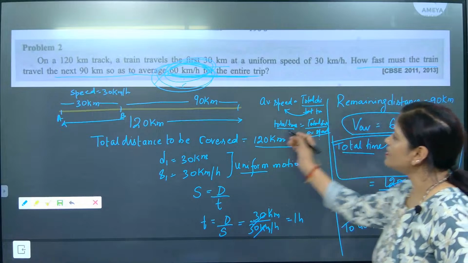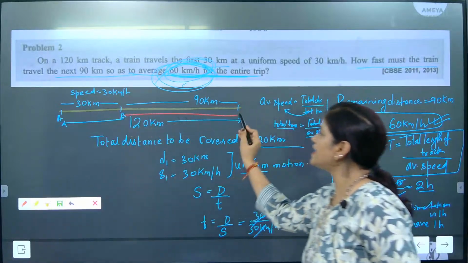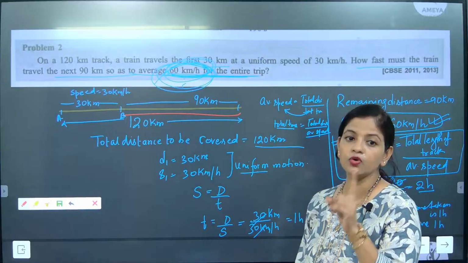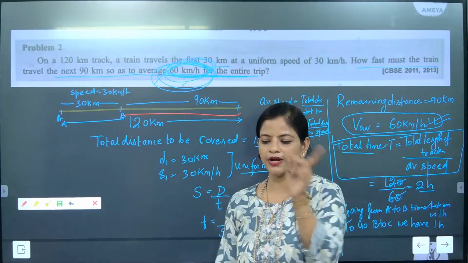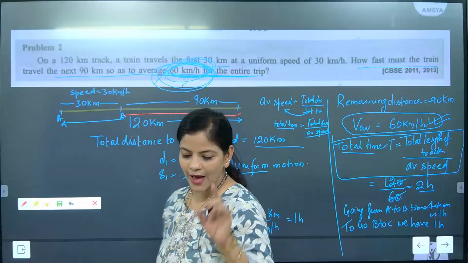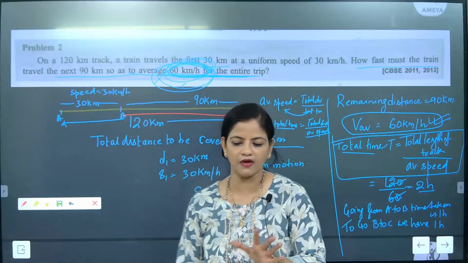See, how much do you have to cover again? B to C. You have only 1 hour to cover. Absolutely correct, beta. The true answer is 90 kilometer per hour. Why?